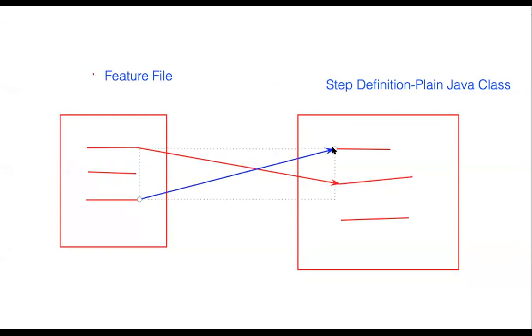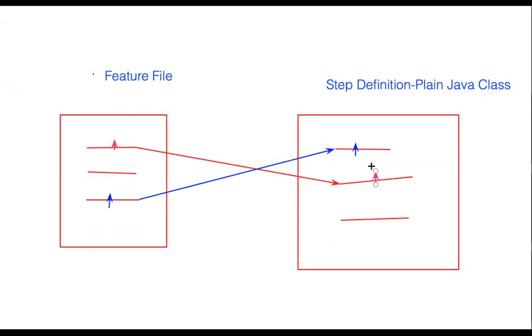methods here. So for example, when Cucumber reads this line, it will actually execute this method. When Cucumber reads, for example, this line, it actually executes this method. So in short, it's the method execution which is happening, but there's another abstraction layer on top of it.